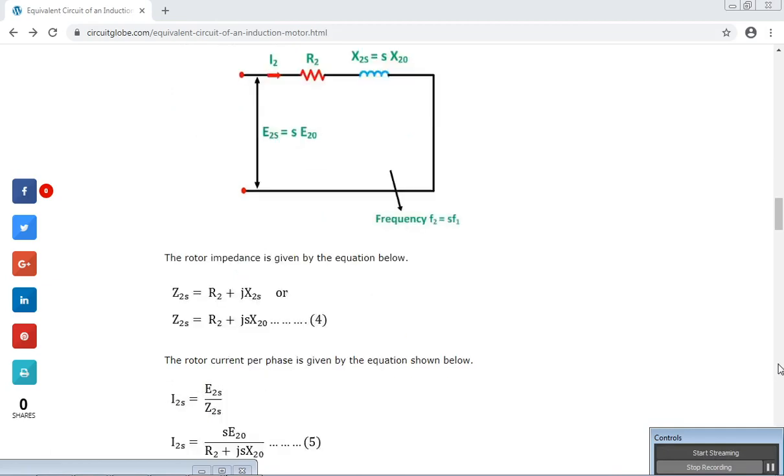This is because the rotor speed is less than the rotating magnetic field at the stator, so the frequency will also be different. We call it the rotor frequency f2. To find the current at the rotor side, I2, equation number 5 will be applied.